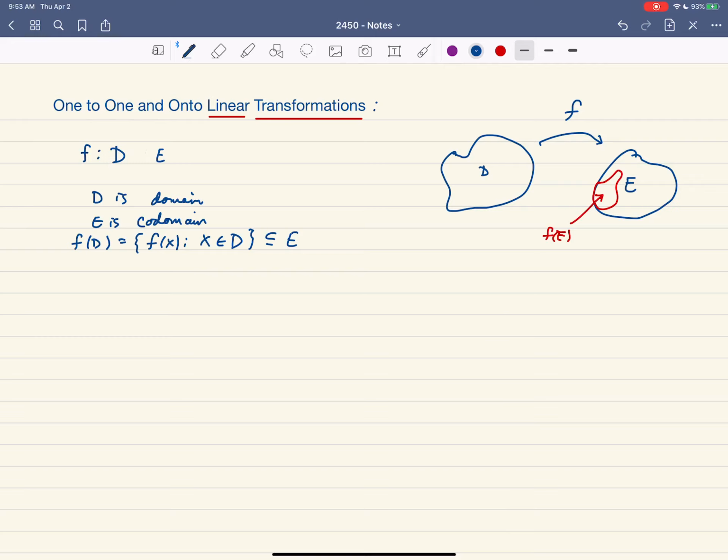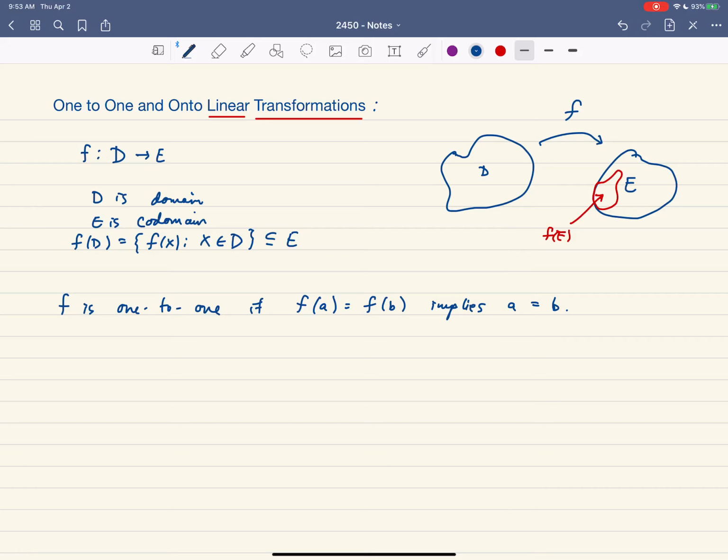And let's first talk about one-to-one. So we're going to say f is one-to-one if it has the following property. So f is going to be one-to-one if whenever you have f of a equals f of b, that forces it to be true that a equals b.